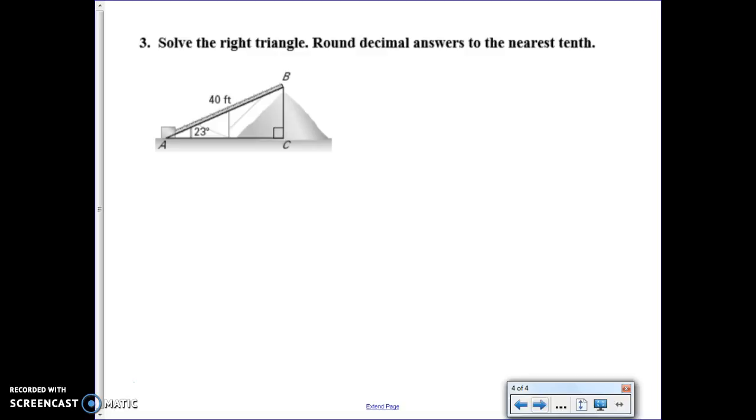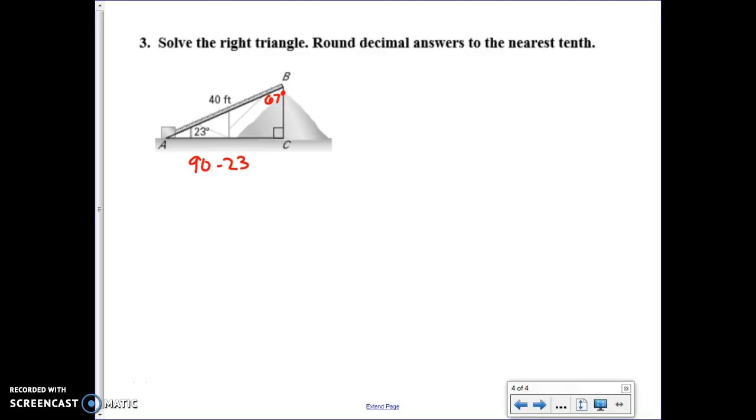If we know angle C is 90, we could just do 90 minus 23. So we get 67 degrees is angle B. That would help you then to find the other side lengths.